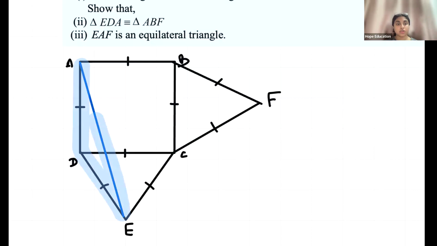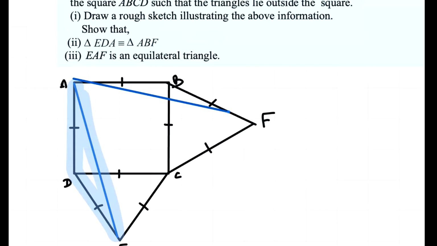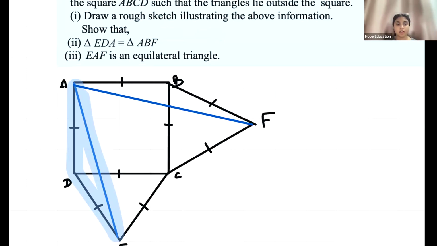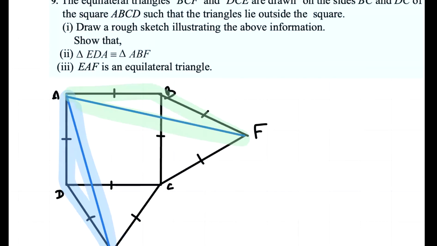Switched on my camera. I hope you know. ABF is this. Miss, it's getting stuck. Is it? Okay, I'll keep my camera off then for some time. So EDA and ABF is there. So these are the two triangles that we have to consider, right? That means we have to make the triangles congruent. What case should we use to make these two triangles? Miss, you're breaking.